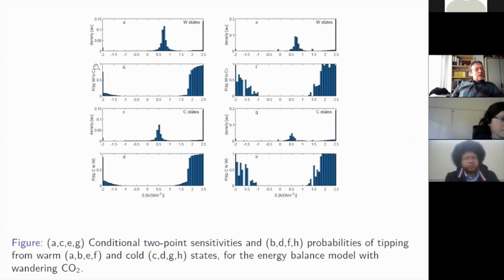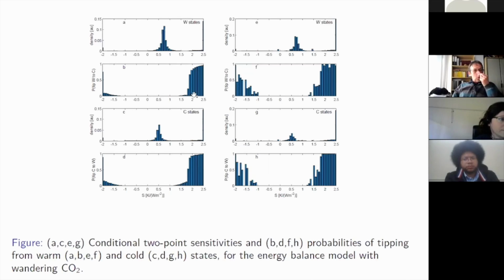If you consider now the probability that one state is in one regime and the other state is in the other regime, conditioned on what the sensitivity is, you can plot that out. You can view that as a sort of probability of there being a tipping point between the first point and the second point as a function of the sensitivity.